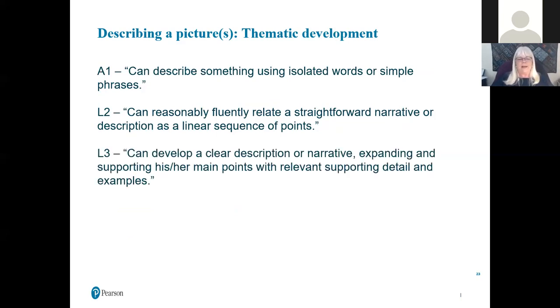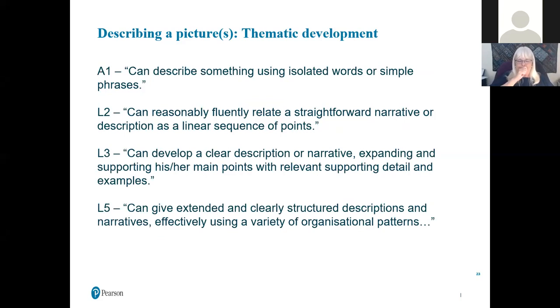At level 3, can develop a clear description or narrative, the idea of development coming in, expanding and supporting his or her main points with relevant supporting detail and examples. And at level 5, excuse me, can give extended and clearly structured descriptions and narratives, effectively using a variety of organizational patterns. So again, you can see the progression of the expectation as we go up the levels.